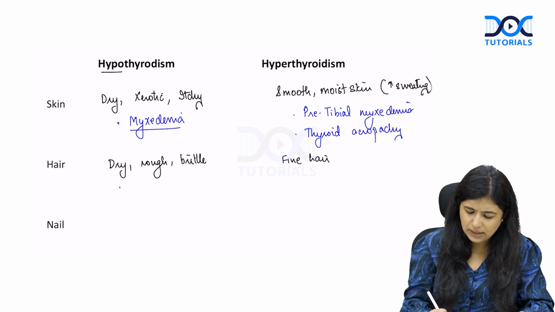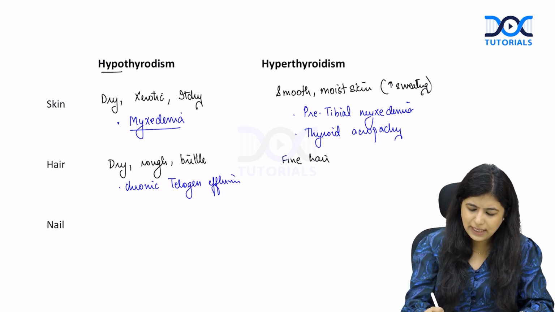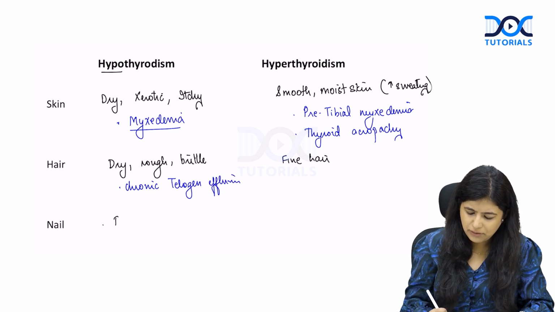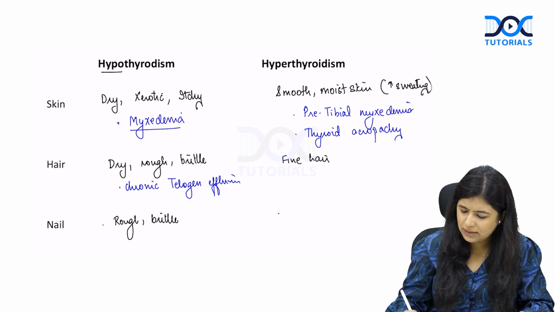Specific conditions in hypo may be associated with chronic telogen effluvium. The nails again become rough and brittle in hypothyroid patients, while in hyperthyroid patients these are smooth nails.